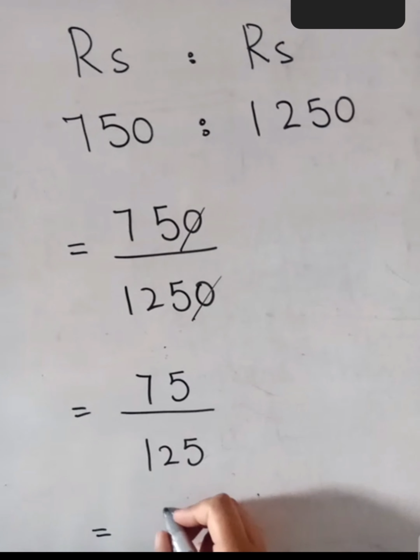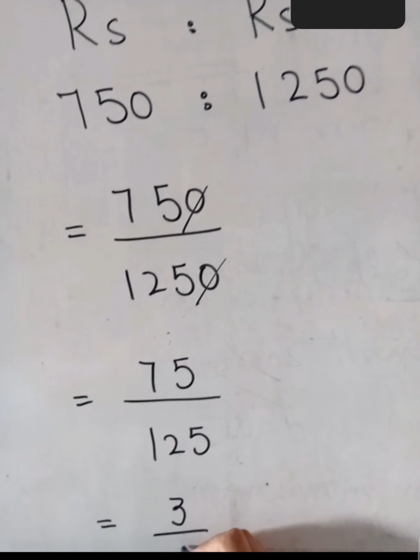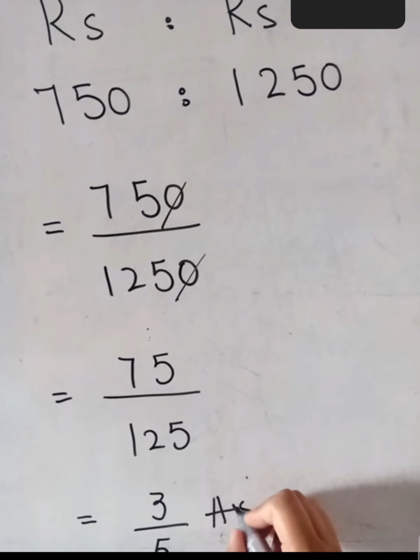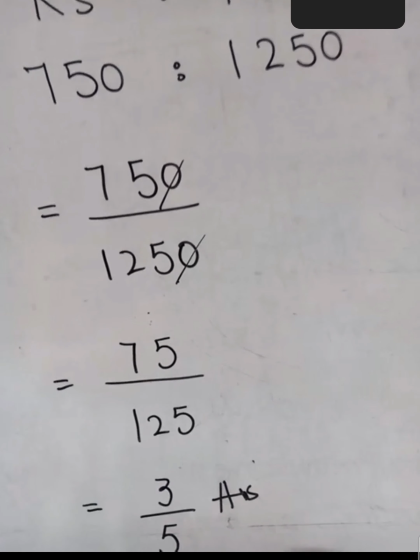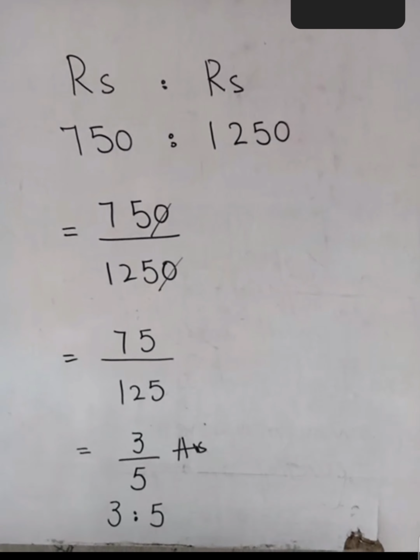It will be cut by 5, okay. Your final answer will be 3 by 5. This is your fraction, and when you write it in ratio again, it will be 3 ratio 5. You can express your answer in both ways.